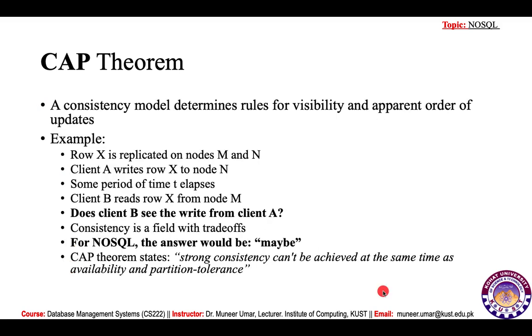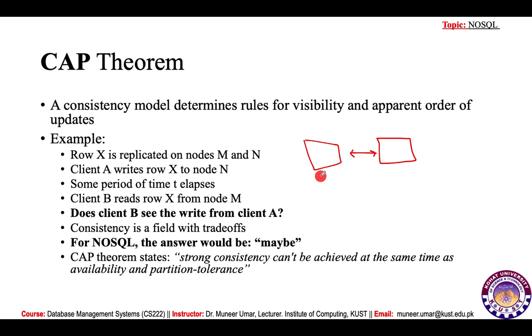Now let's consider an example. Suppose we have two systems, and on both systems we have a single database. Both systems are interconnected. We can say that we have a database on two interconnected systems, and on both systems the data is replicated.